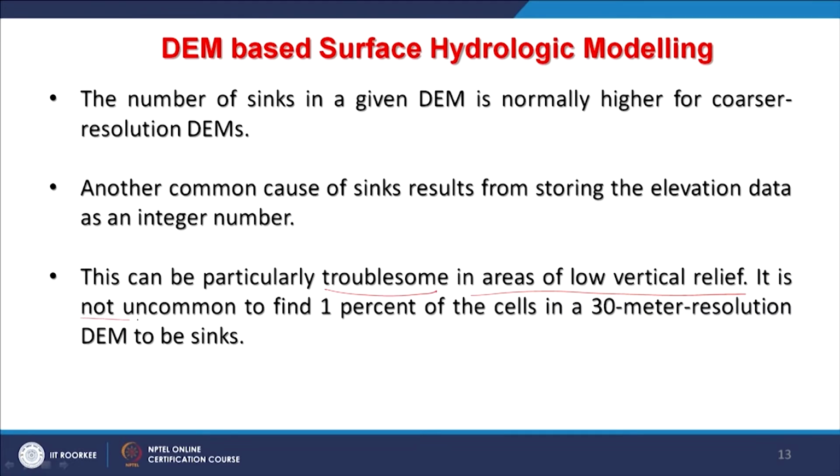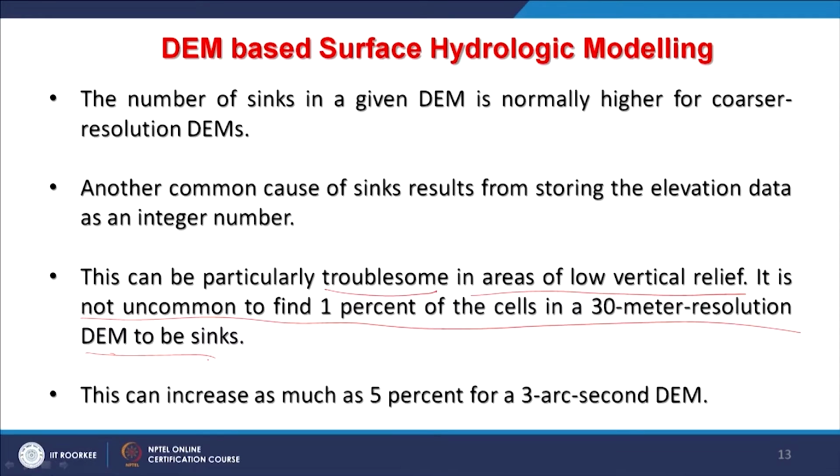Now, it is not uncommon to find 1% of cells in a 30-meter spatial resolution DEM to be sinks, but 1% is nothing in that sense. This percentage can increase multifold if we have a 3 arc second digital elevation model, where 3 arc second is roughly 90 meter, and 1 arc second is equal to 30 meter.